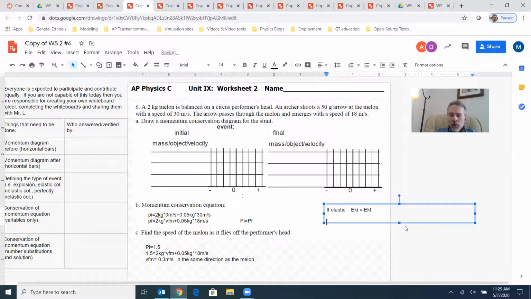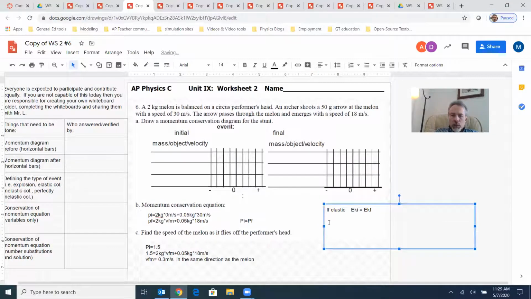Okay, so I want to show you what this would mean then. So initial is going to be 1/2 times the mass of the arrow, which is 0.05, times the initial speed of the arrow, which is 30 squared. And the melon's not moving, so that would just be 0 kinetic energy, equals, and then 1/2, or actually, I don't know if it equals, right?